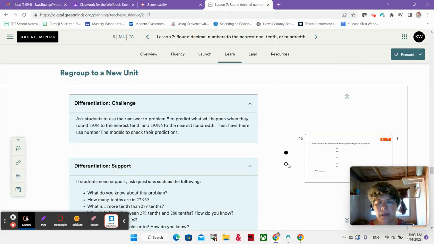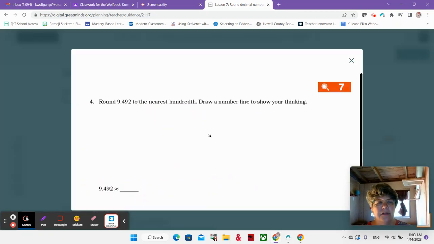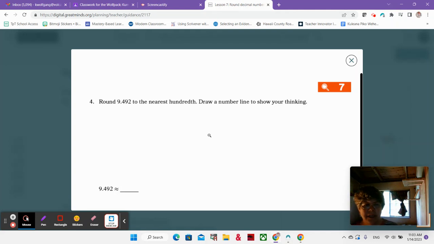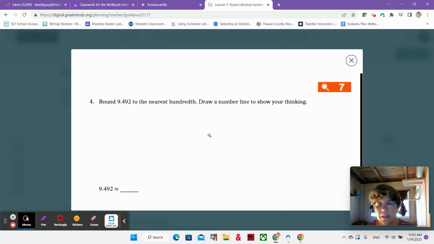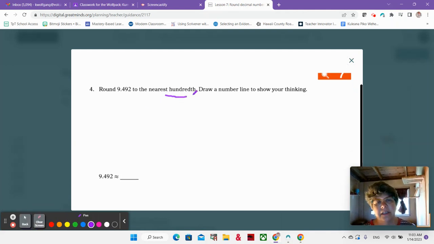And number 4 is round 9 and 492 thousandths to the nearest hundredth. So we have to think, what are we rounding to? We're rounding to the nearest hundredth. So now we're going to draw our own vertical number line. Please make sure it's vertical because then it's a little easier to see what is higher and what is lower, right?